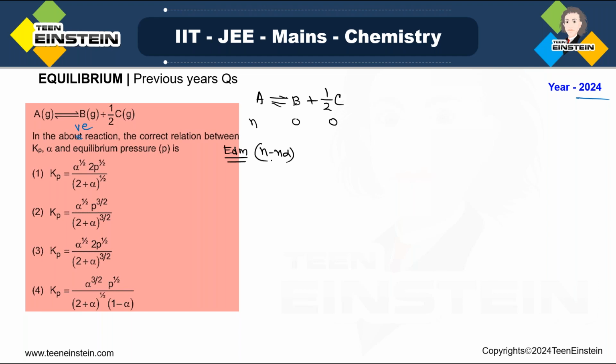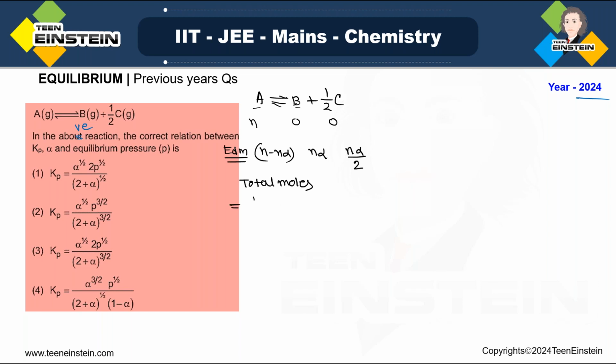When N alpha amount of A reacts, as the coefficient ratio between A and B is 1:1, the amount of B is N alpha and the amount of C is N alpha divided by 2, right?